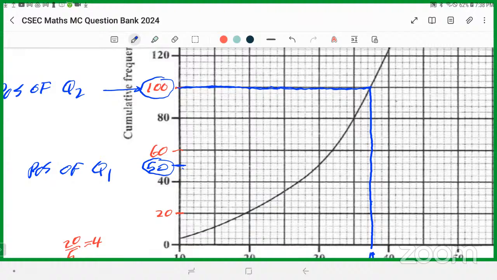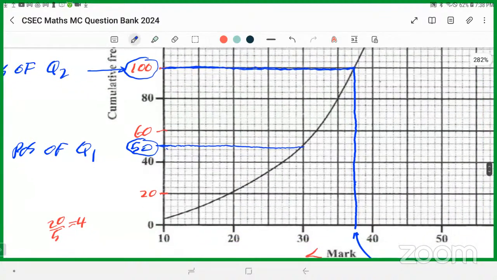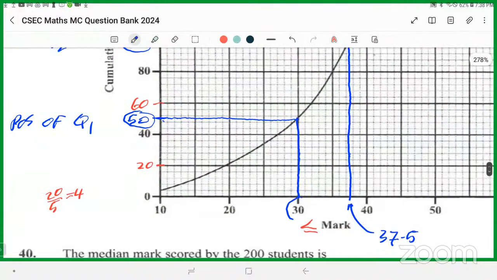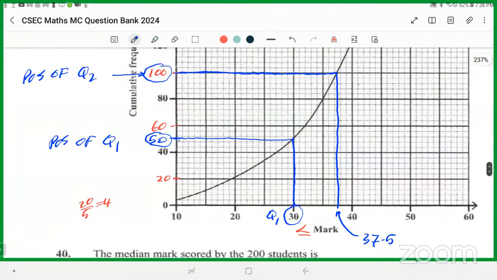So you come across on the graph right in between here. And voila, it's right on that line. So I'm going to say it is 30 marks. So I'm going to say this 30 marks is my Q1. You're going for Q3 now.